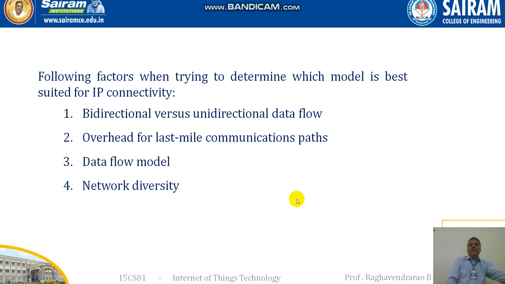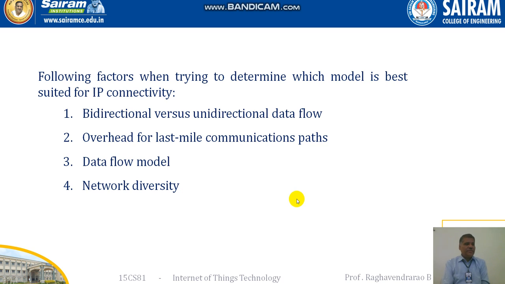Then finally we'll come to the network diversity, where a lot of changes are going to be there. As you'll be knowing, different types of networks are going to exist and protocols are also going to exist. Based on those things, that diversity is going to play a major role.